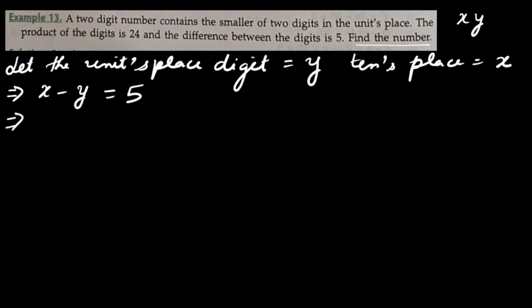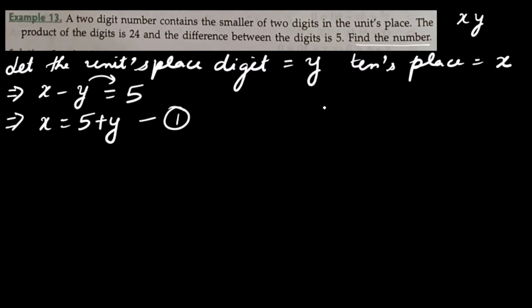From here I can get the value. So x is equals to 5 plus y, if y I shift to the other side. From here I got the value of one number. First equation I'll mark. Now the second thing they have mentioned: the product of the digits is 24.